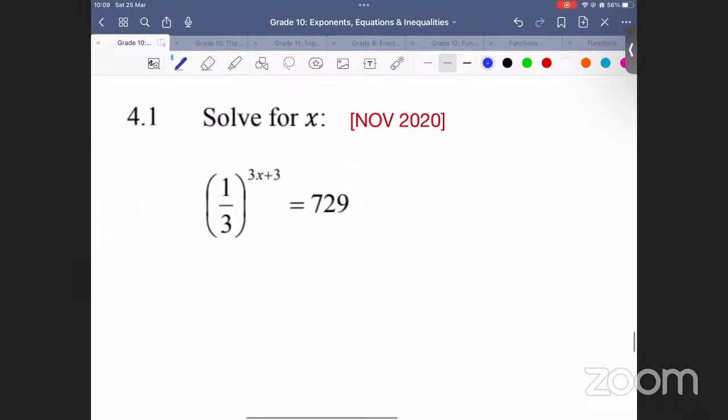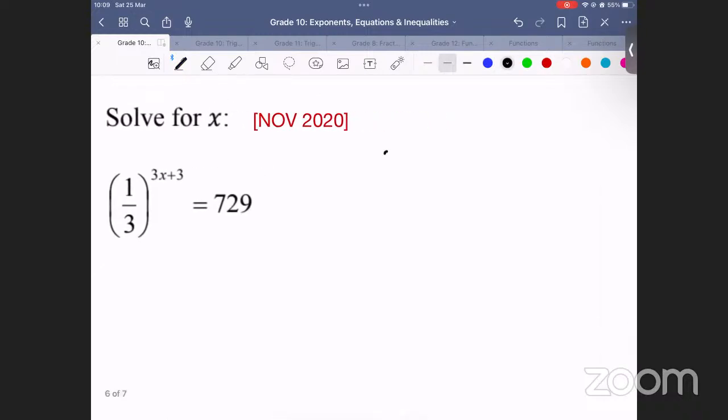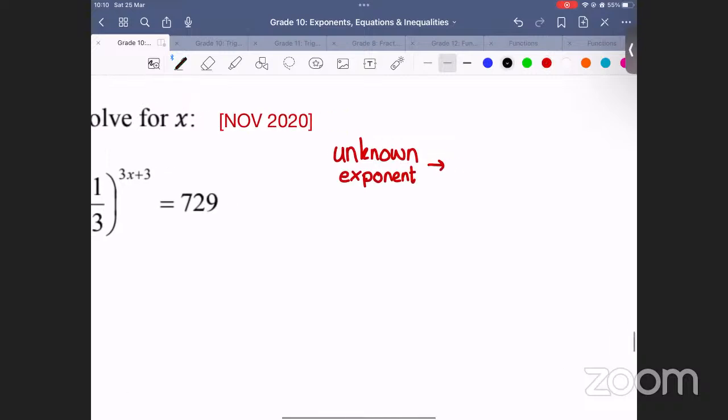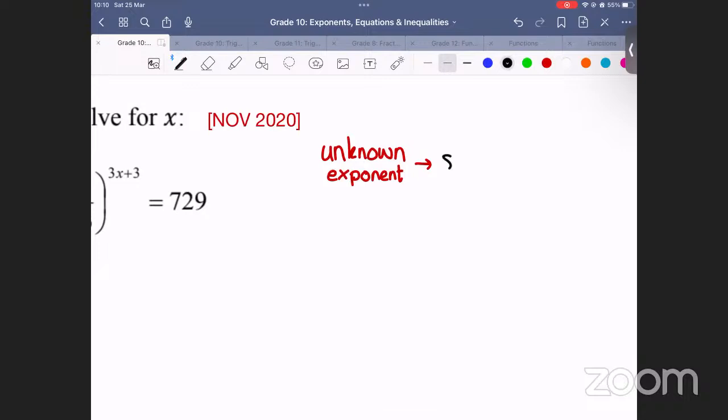Now, what we want to do here is, remember, when you have an unknown exponent, you always want to express both sides of the equation with the same base.